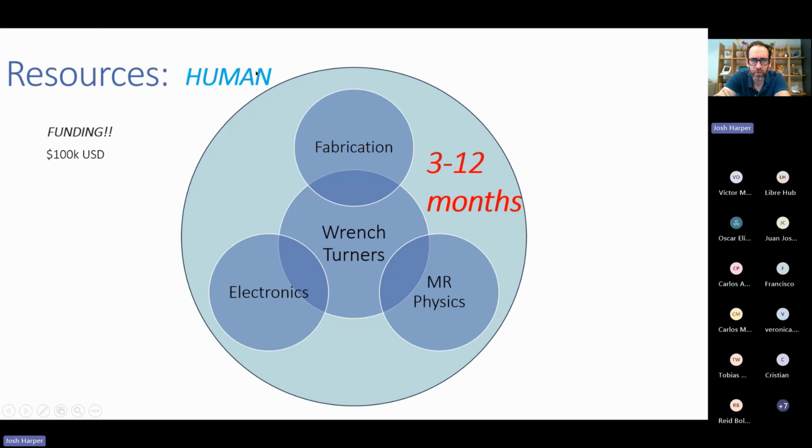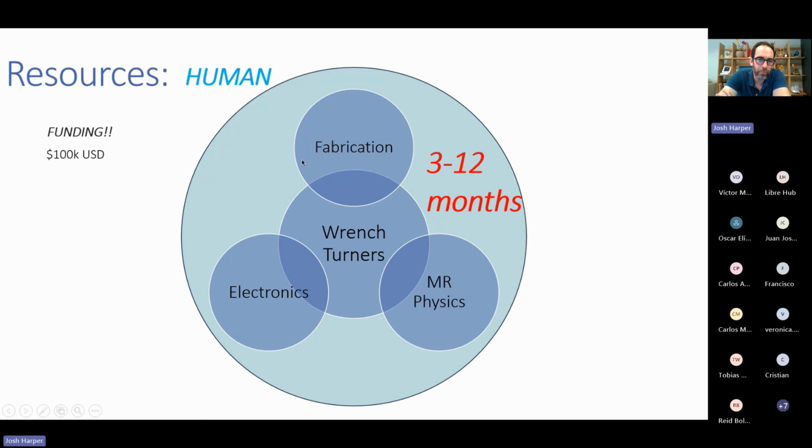In terms of human resources, I think this is absolutely essential. You can't do this project alone. I would recommend you have somebody with expertise in fabrication, somebody with expertise in electronics, and somebody who knows their way around MR physics. And then, of course, all of those people need to be leading a team of wrench turners who have the time to do a lot of work.